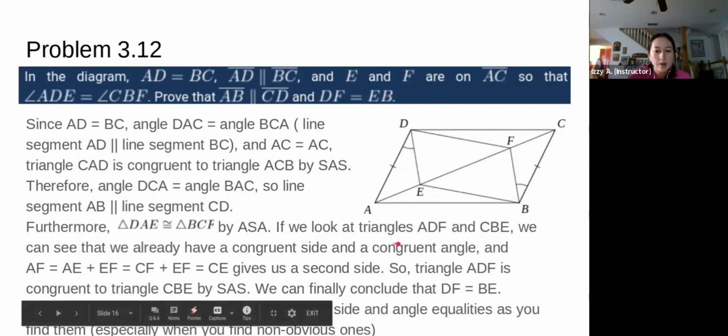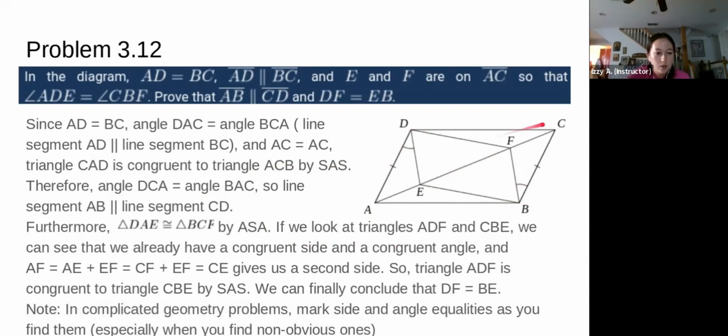And if we look at triangles ADF and CBE, we can see that we already have a congruent side and a congruent angle, as seen with angle CBF and EDA, and then AD being equal to BC. And then also we can figure out that AF is equal to AE plus EF, which is also equal to CF plus EF.